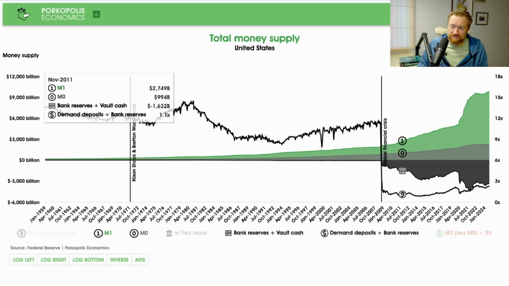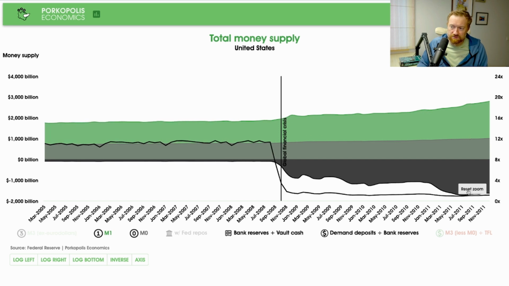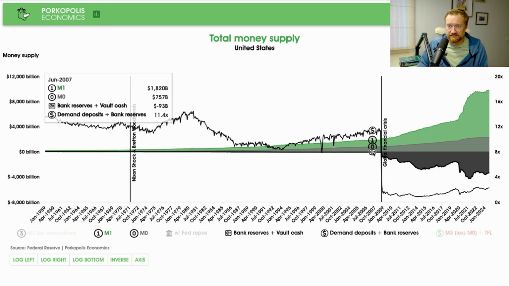So now we have this completely unanalogous move of going from something that makes sense of a reserve ratio, 11x, whatever, for demand deposits, down to almost fully collateralized. Understand that. Theoretically safe, but of course we don't believe it's safe. That's why we like Bitcoin.